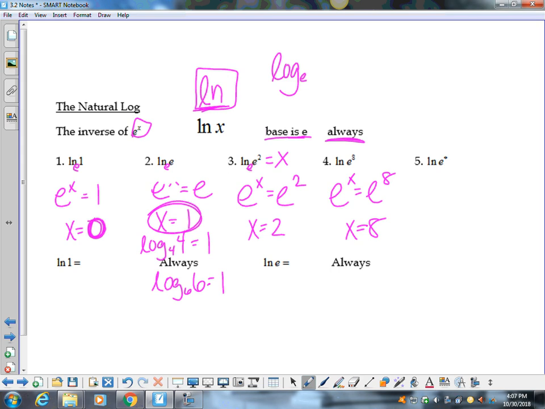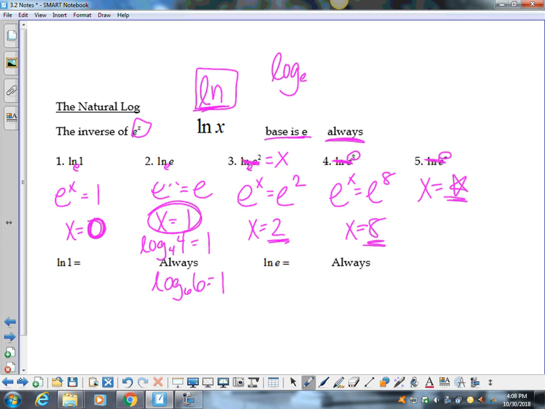Well, I hope you can see a pattern on number 3 and number 4. The answer here is x is just the star. The point is, if I have ln of e to the power, the answer is just the power. So some people think about it like the ln of e cancels, and the 8 falls down. The ln of e cancels, and the star falls down. The ln of e cancels, and the 2 falls down. Just one of those little things that you're going to want to watch out for.